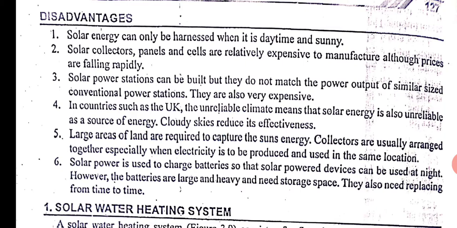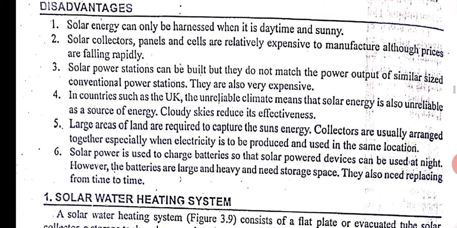That is why in a water heater you have seen there is a tank which collects the hot water. The solar collectors, solar PV panels and cells are relatively expensive. These panels were expensive earlier, but today as the volumes have increased drastically, the prices are very reasonable. 1 watt of solar PV will cost around 30 to 40 rupees.